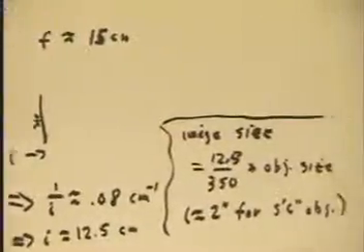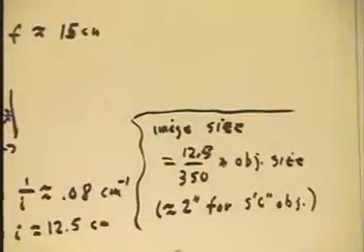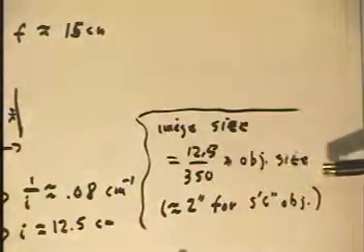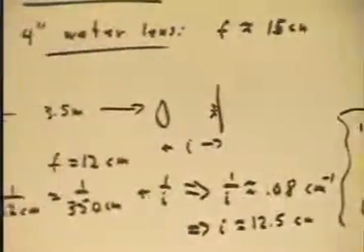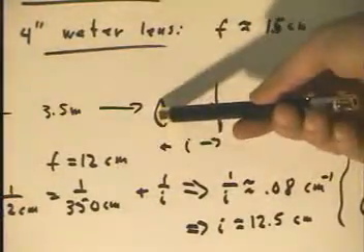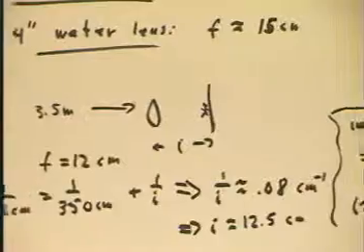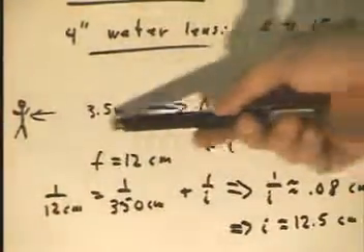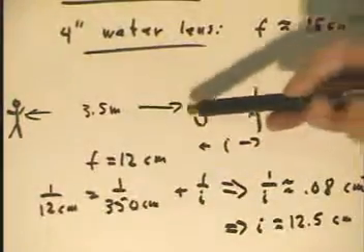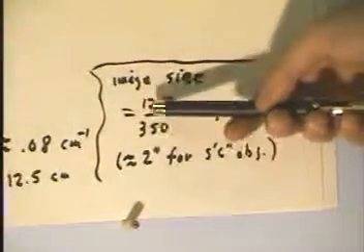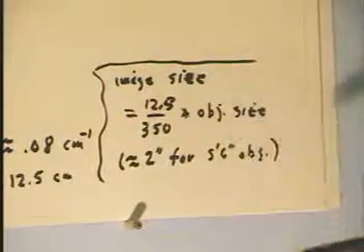The image size should be image distance over object distance times the object size. Again, just by similar triangles that we could draw here. A triangle here for the object, a triangle here for the image. They're similar triangles, and the bases of the triangles are 3.5 meters and 12.5 centimeters, so the ratio will be 12.5 to 350, and that's what our image size is going to be.